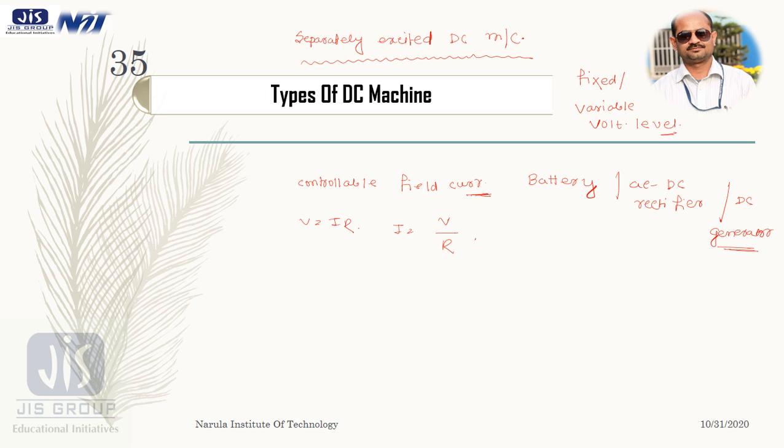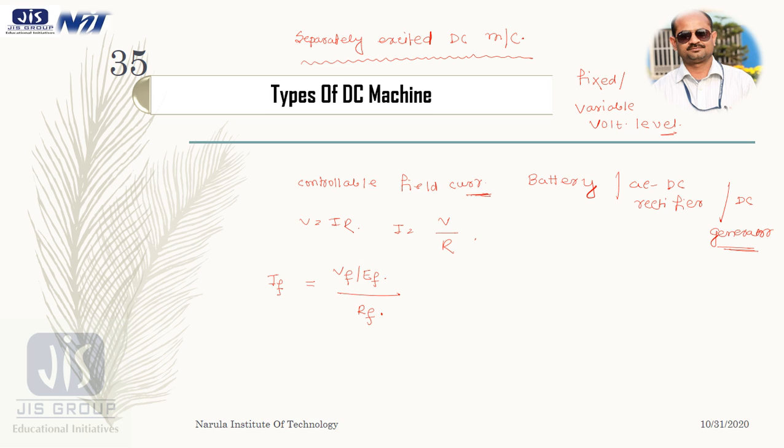That means we can write field current IF equals VF or EF, whatever we want, divided by RF.